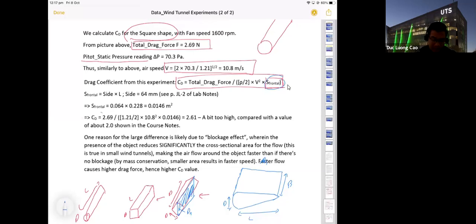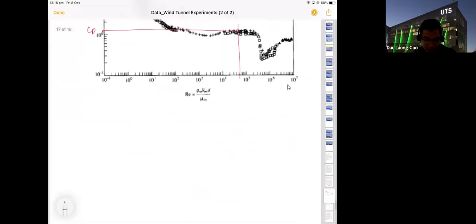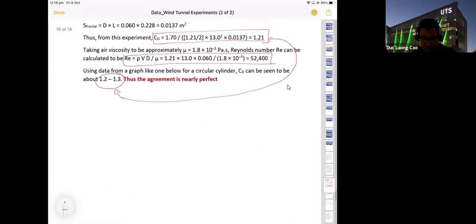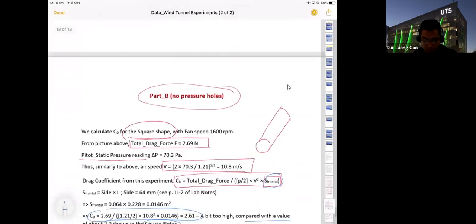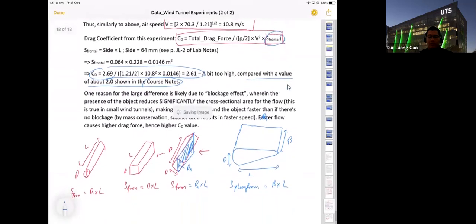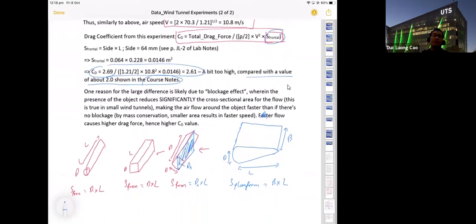So you can find CD. You find CD and you compare with CD from the textbook, course notes or something like that, or from the internet. It's similar to the earlier one. You compare what you have from the calculation with what you have from the textbook.